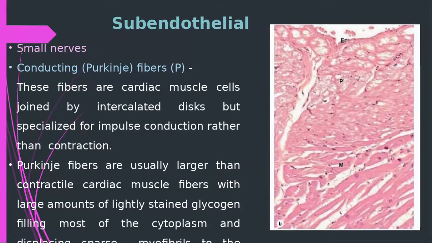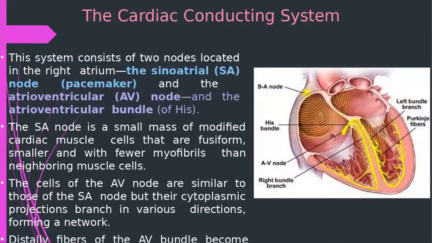Okay. So now the second slide is the cardiac conducting system, which I have told you. Now this system consists of two nodes. Those names you have to remember: the sinoatrial node and the atrioventricular node. So SA node and AV node, and the atrioventricular bundle of His.